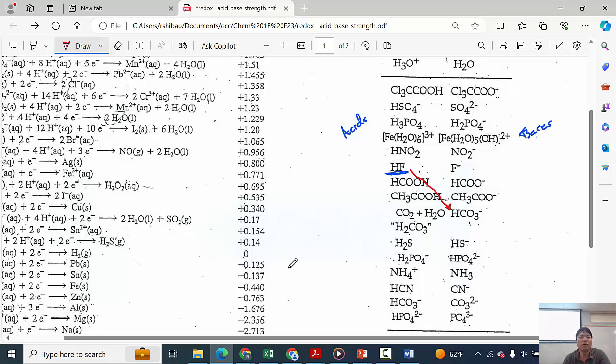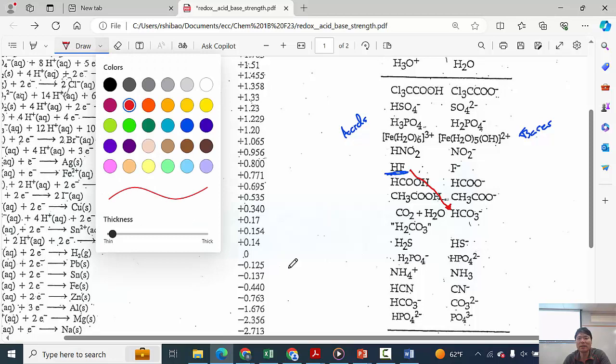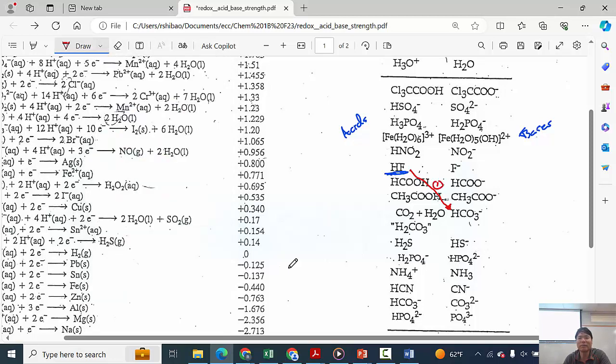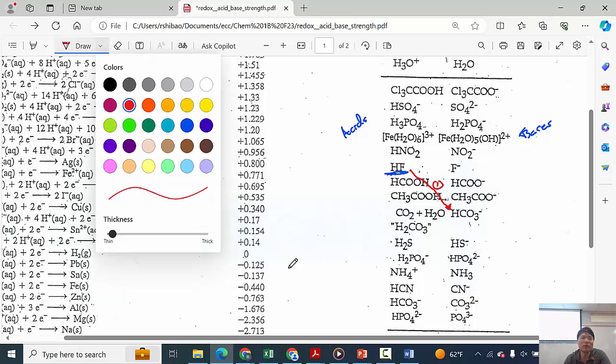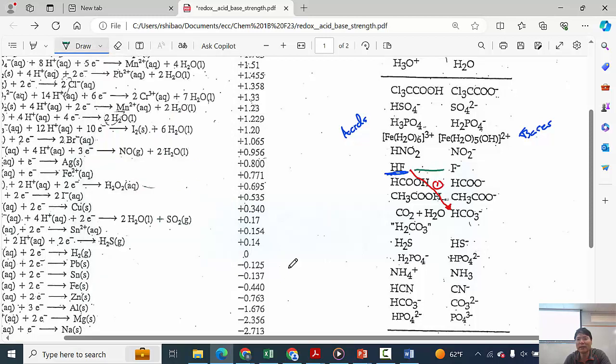Okay, what forms? So this is step one. HF reacts with bicarbonate. The products are going to be fluoride and CO2 and water, or carbonic acid.